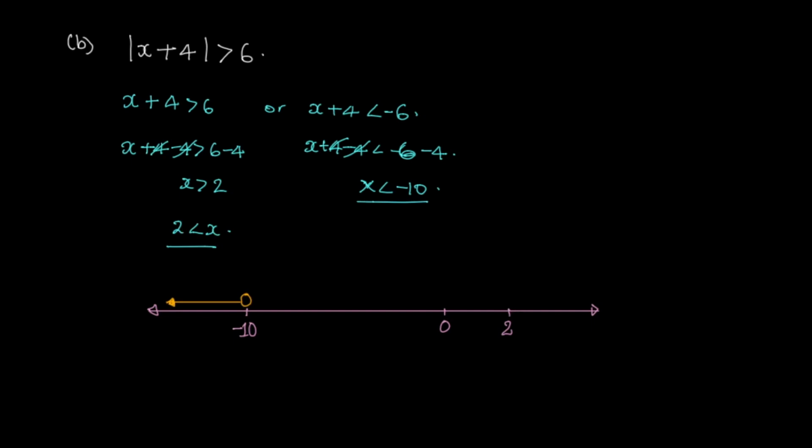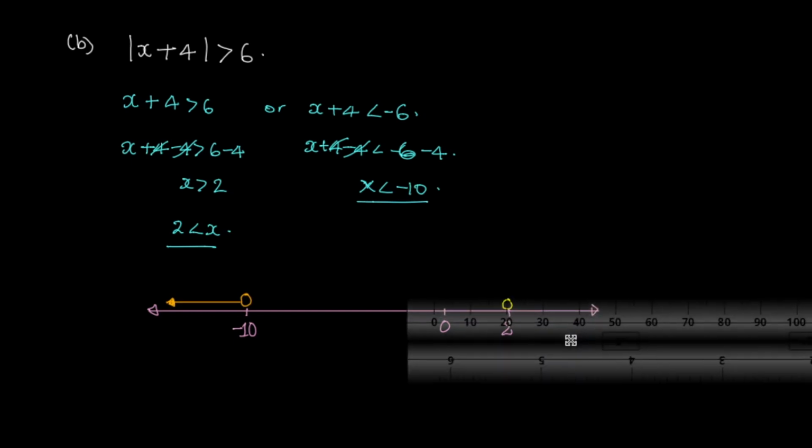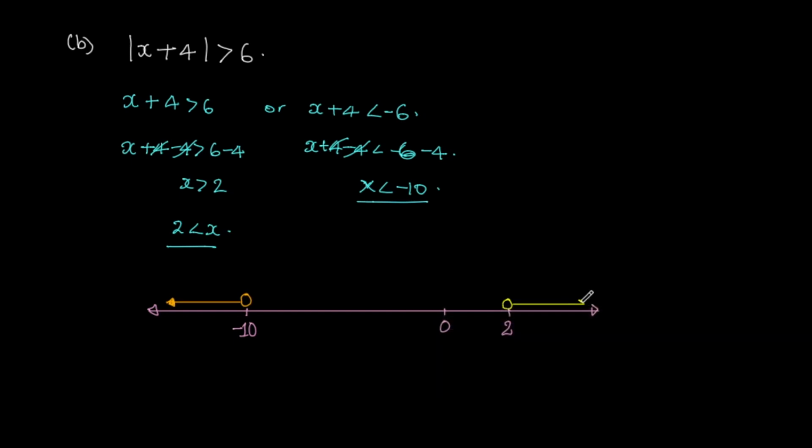So this becomes a circle that is also open because of the sign, as we can see, and all integers to the right of 2 will give us possible solutions. So we have that to the right, and here of course we have 2 is less than x.